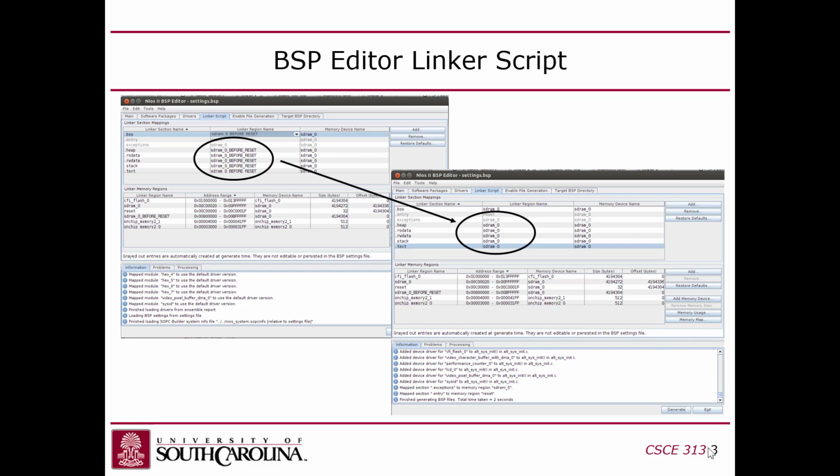But for some of your projects, it'll take CPU 1, for instance, and put it in a section called SDRAM 0 before reset, meaning that you've got the reset vector that's 8 megabytes into the memory, but the linker decides, oh no, I want to put everything before that, which of course will cause it to overwrite the other CPU's data, right? In other words, it's sort of countermanding what you're trying to make it do.